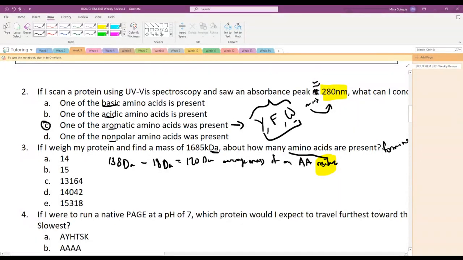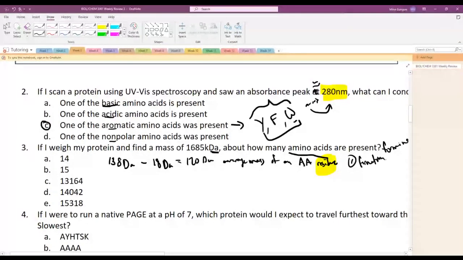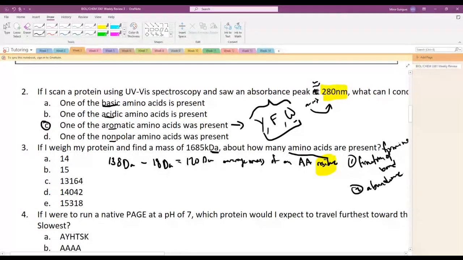Now, I told you there were two factors we have to consider. The first is the formation of the peptide bond. The second is abundance. Here's what I mean by that.